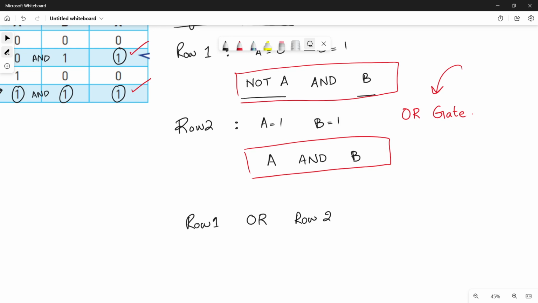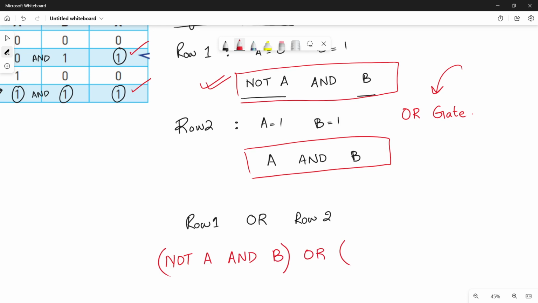Now for row 1 and row 2, just put the expressions that we have already worked out. For row 1, the expression is not A and B. Remember to put a bracket. Then you have the OR gate.